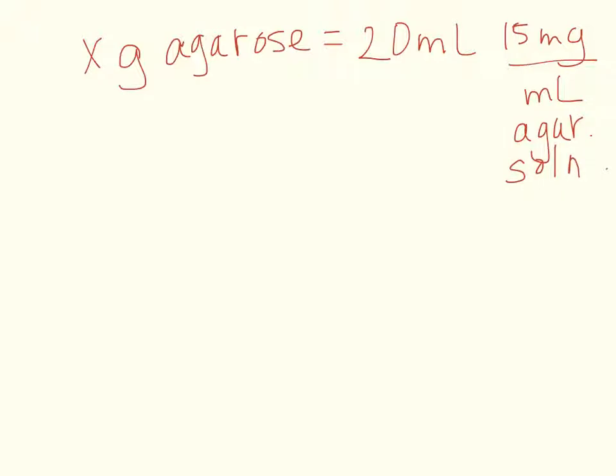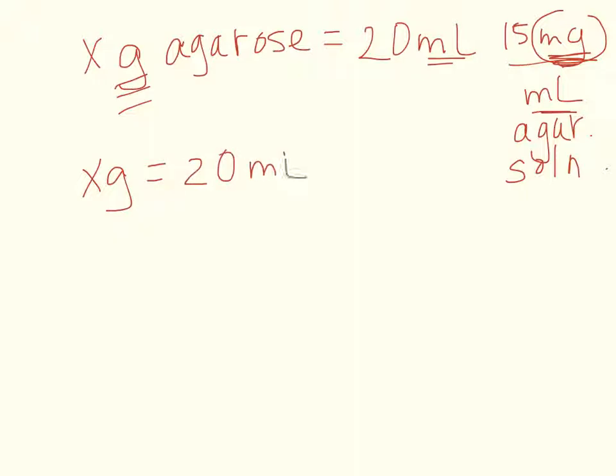When I look at this, what do you see? We have milliliters and milliliters, so that's okay. But over here I have grams, and over here I have milligrams. So we could calculate it out in milligrams, and then at the very end convert it to grams. I'll show you how to do that. So X grams of agarose equals 20 milliliters times 15 milligrams per milliliter.